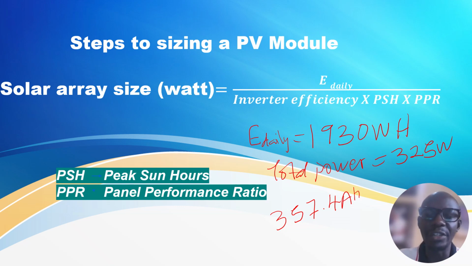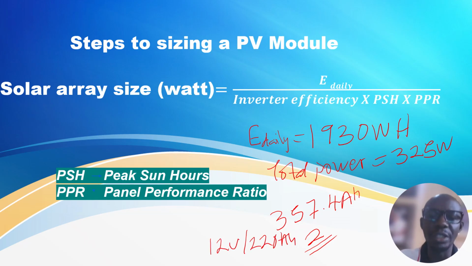And we discovered that after we considered the number of batteries we need in series and in parallel, we said we will need a total of 2 batteries, 12 volts 220 Ah being the battery we selected, but the two will be connected in parallel.